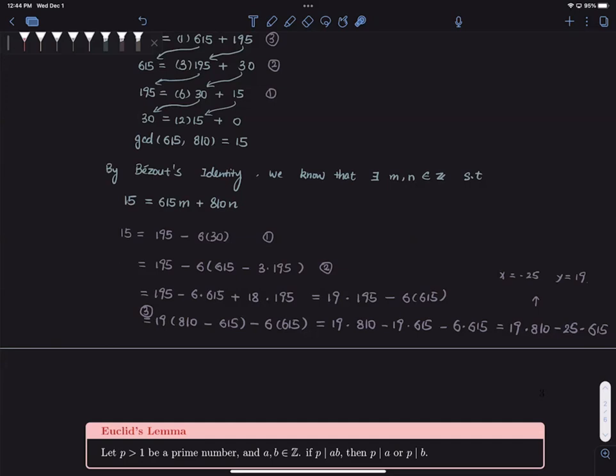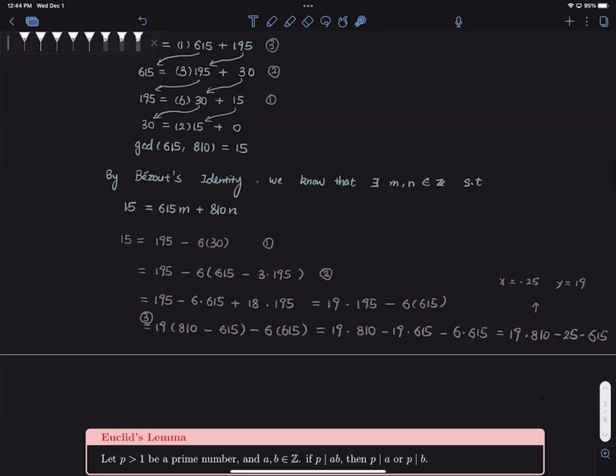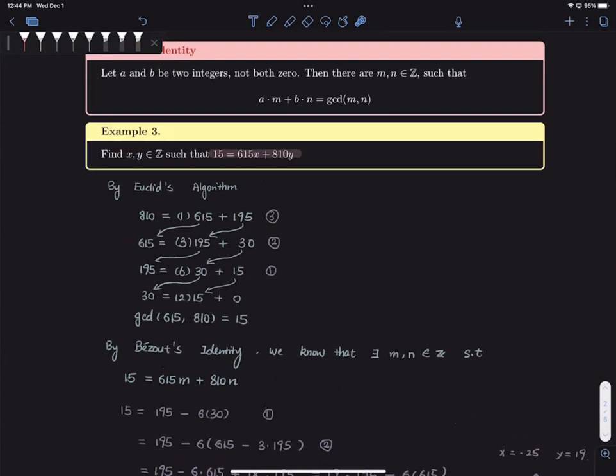Now, I have another question for you. What if I change the question from integer to natural number? Now think about what you do.